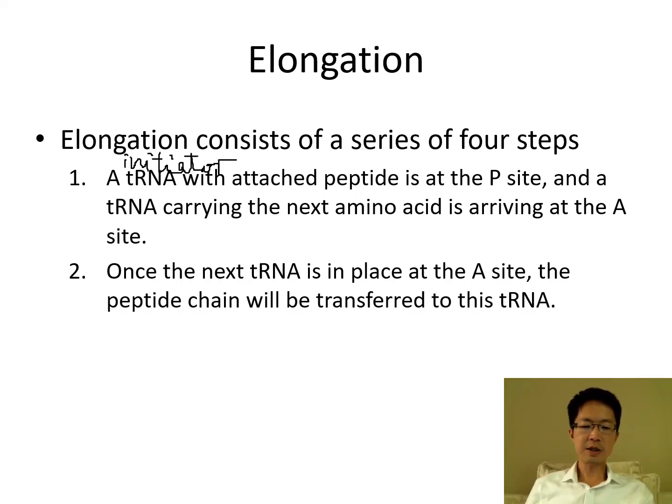And then subsequent tRNAs that carry amino acids all enter the ribosome at the A site. So only the initiator tRNA will go to the P site at the very beginning. But after that, all amino acids will go to the A site.